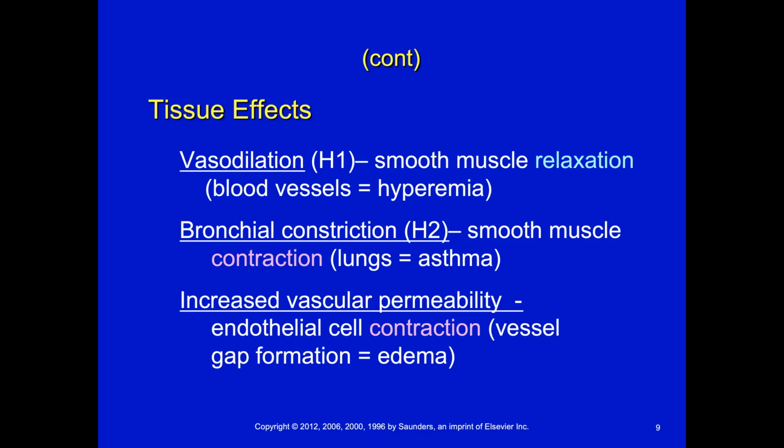And a disease that occurs from that is asthma. And then we also see increased vessel permeability. So here the endothelial cells contract, they create gaps that then allow the plasma to seep out of the vessels, and this creates edema, which is that accumulation of fluid in tissues.